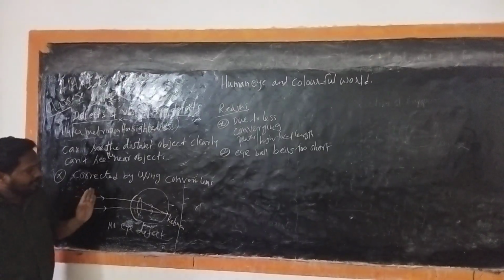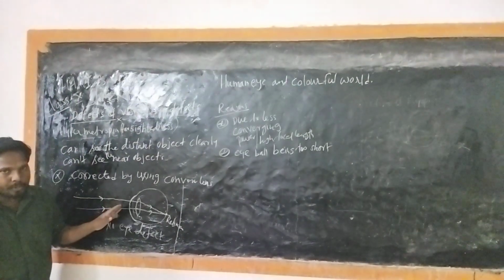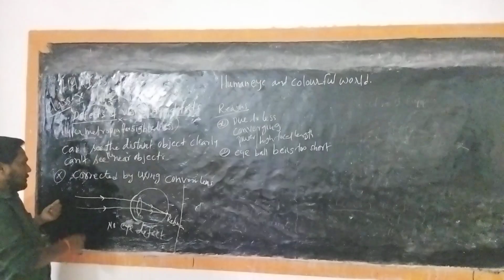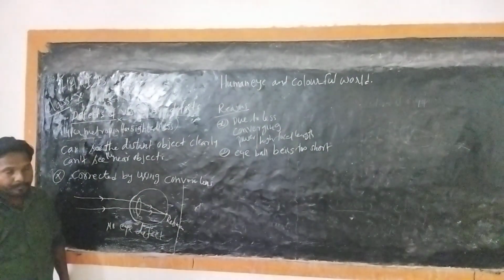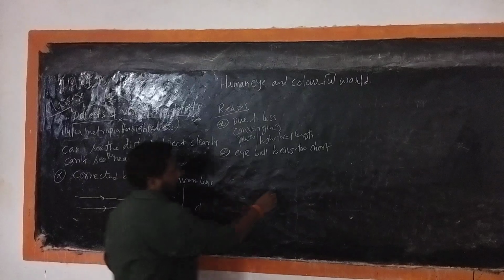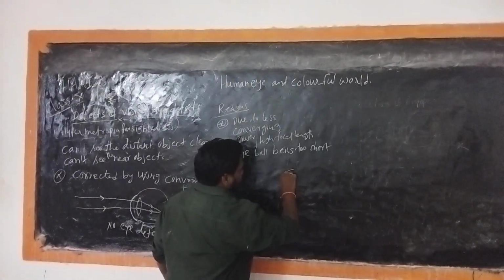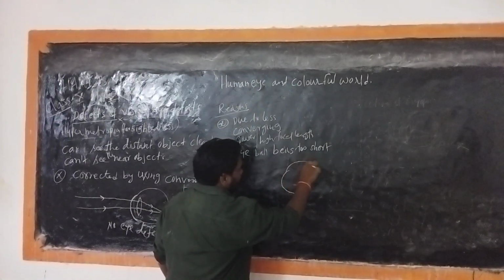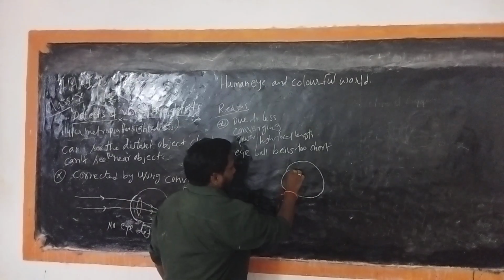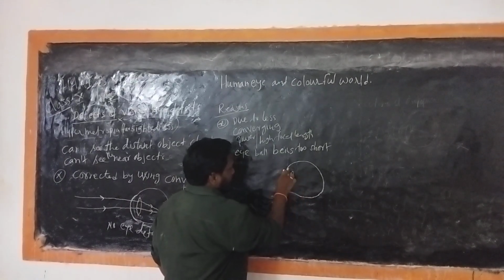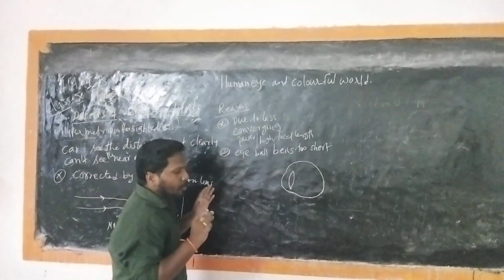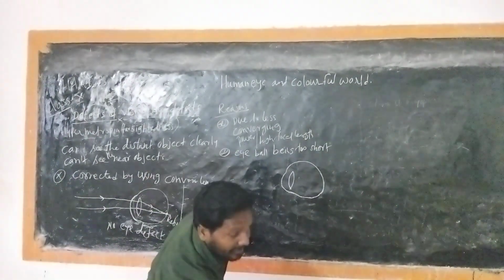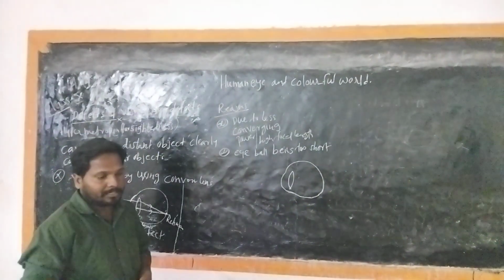If the person has no eye defect, to see the object, the image is formed on the retina. If the person is suffering with hypermetropia, they are unable to see the nearer objects, not the far objects.